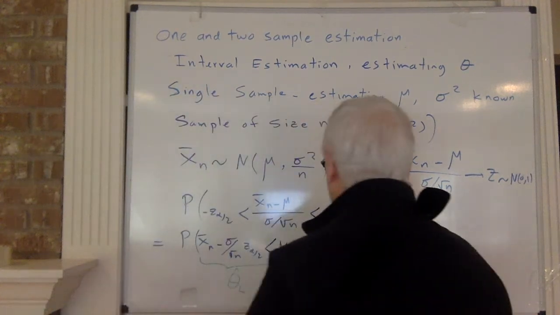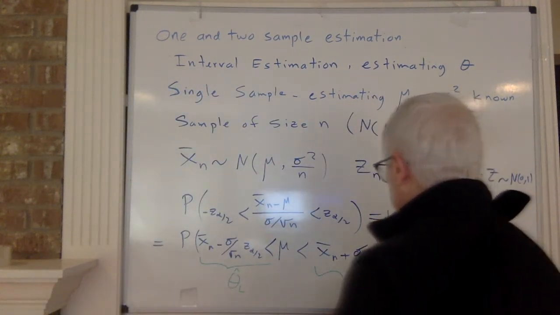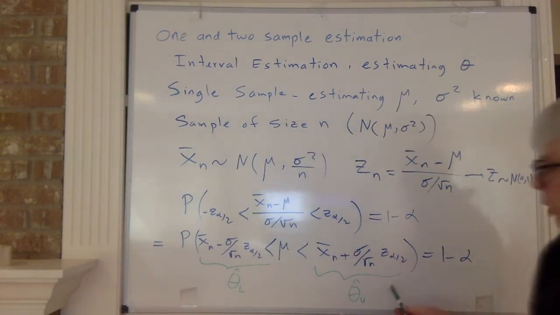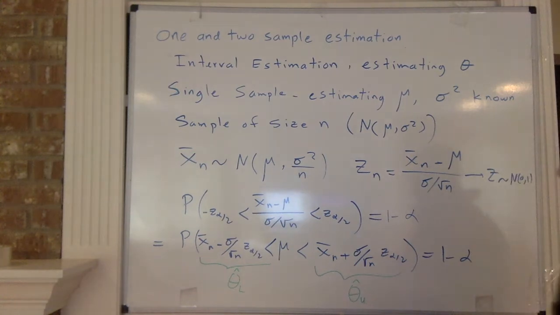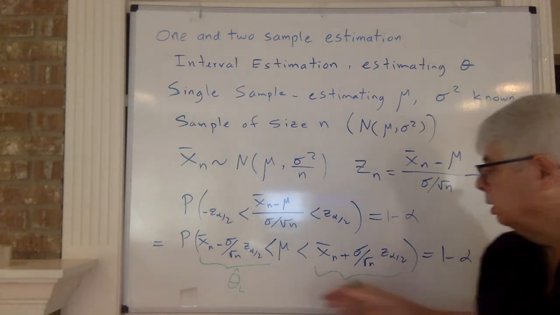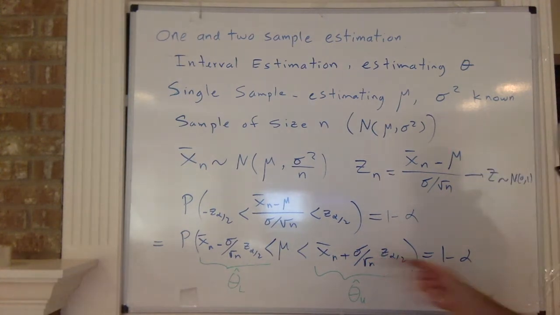And the upper one also, theta up. So we have achieved that goal. We have found an expression with the thing that we are estimating in the middle, and two random variables on the two sides, and that probability equals 1 minus alpha. So we have achieved what we want.